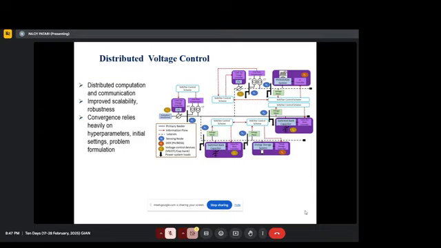And convergence relies heavily on hyperparameters, initial settings, and problem formulations. This is a bit deeper. All these distributed algorithms will have different hyperparameters, different kinds of problem formulation, and different initial settings, because all optimization problems depend on the initial values, right?